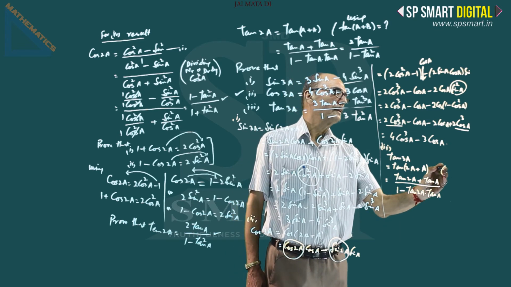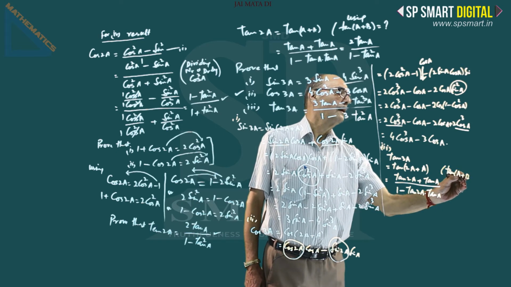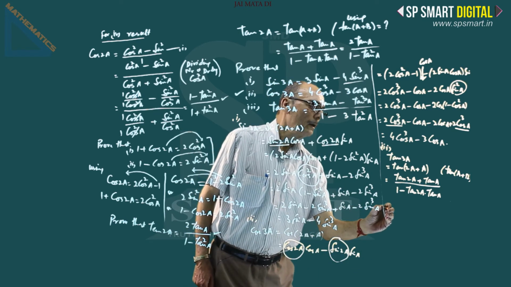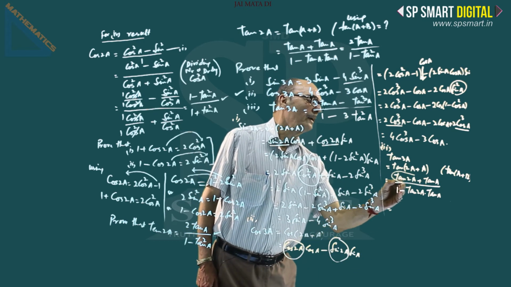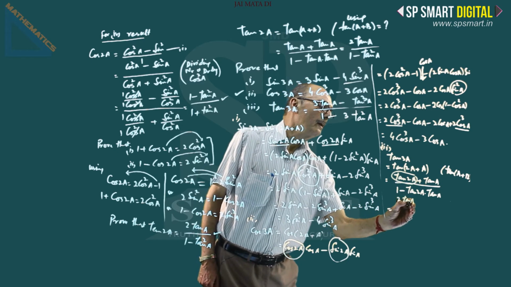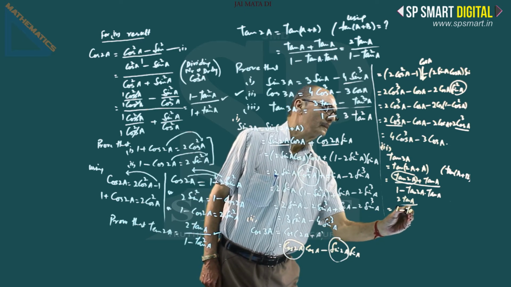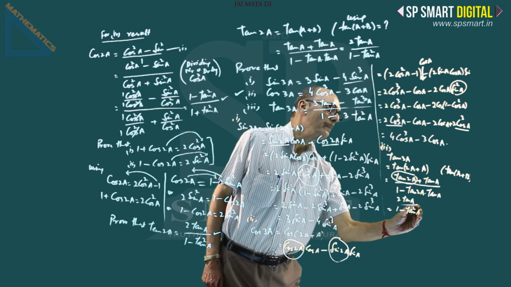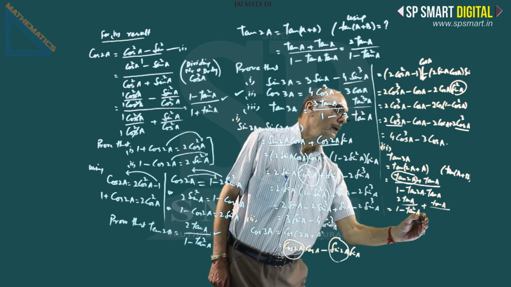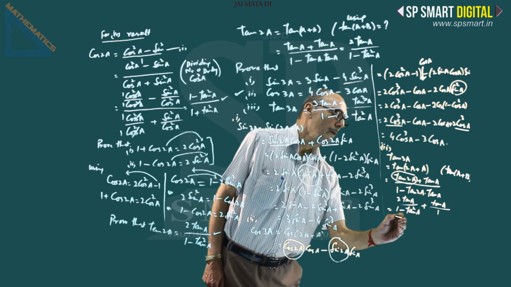I have made use of the result tan of A plus B. For tan of 2A, we have a formula 2 tan of A upon 1 minus tan square A, plus tan of A upon 1, of course.